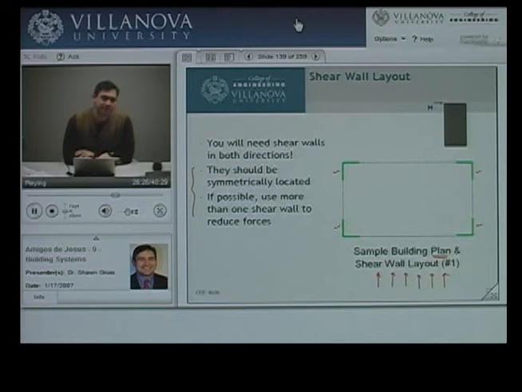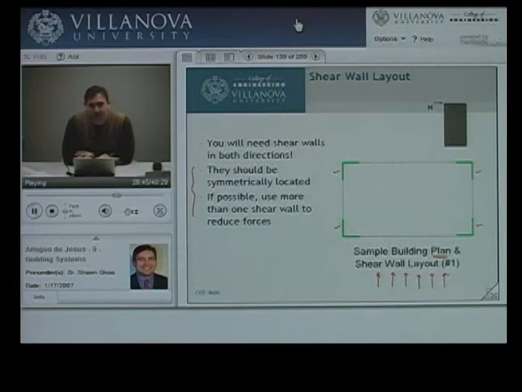If the wind blows from the left or the right, or the earthquake shakes the ground such that it accelerates in those directions, then the other 4 shear walls will act to resist the loads. If I want to think about what this structure basically looks like, the easiest thing to imagine is simply taking a cardboard box.